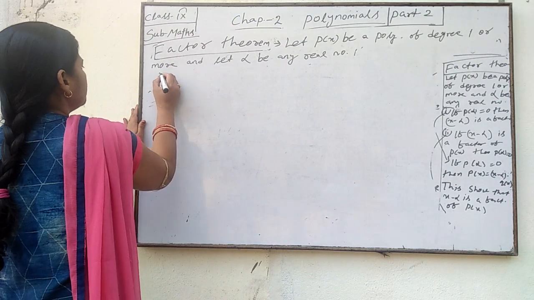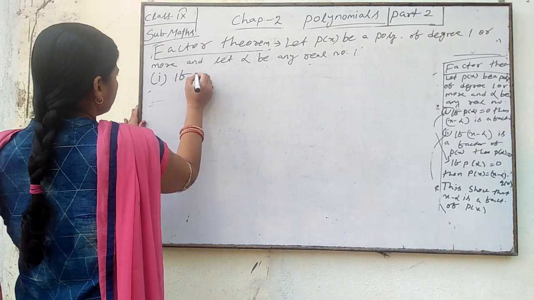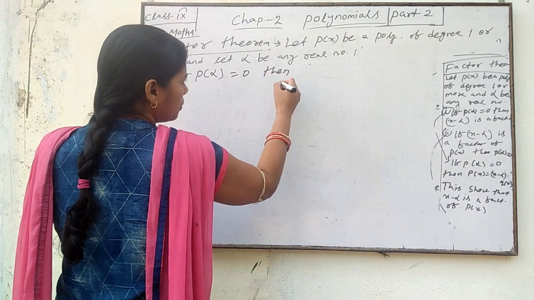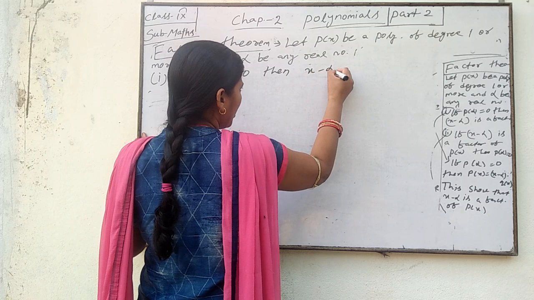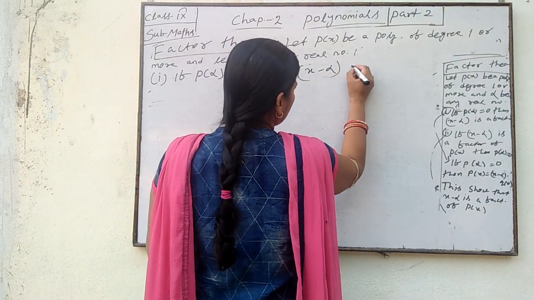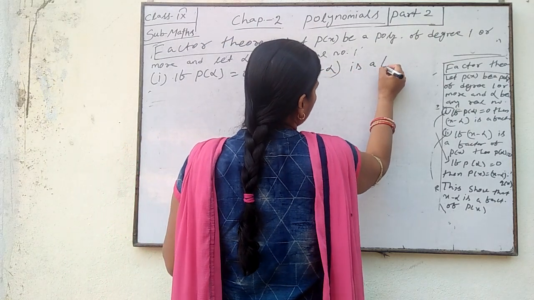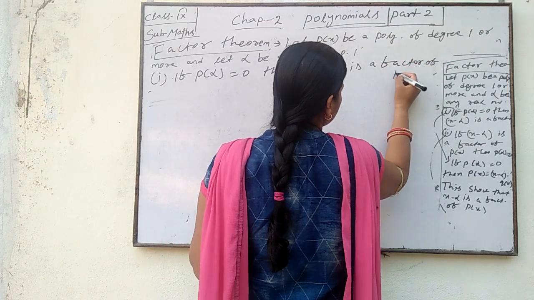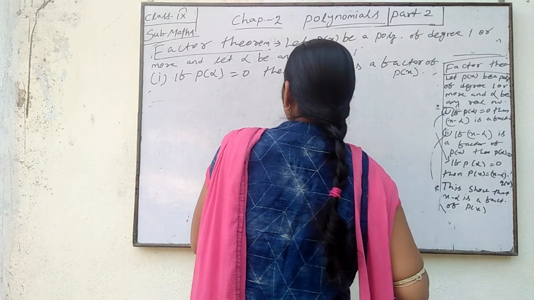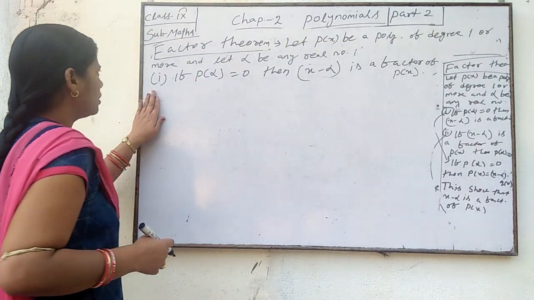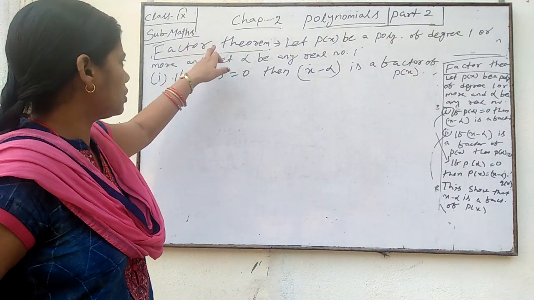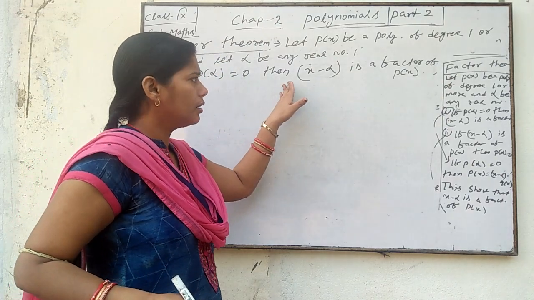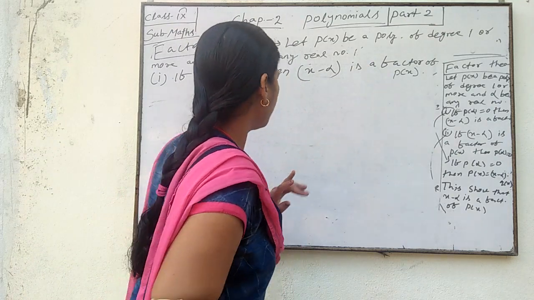Then if p of alpha is equal to 0, then x minus alpha is a factor of p of x. This is the first point of your factor theorem.